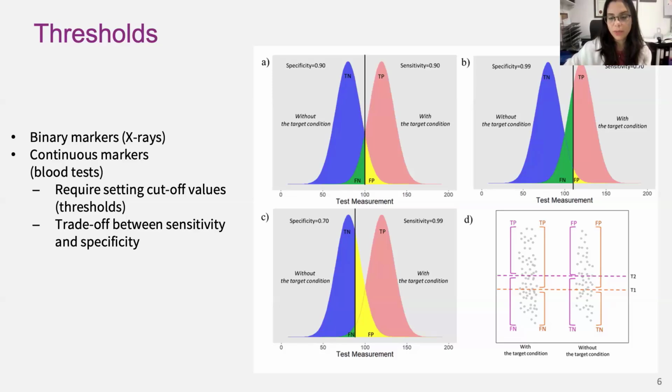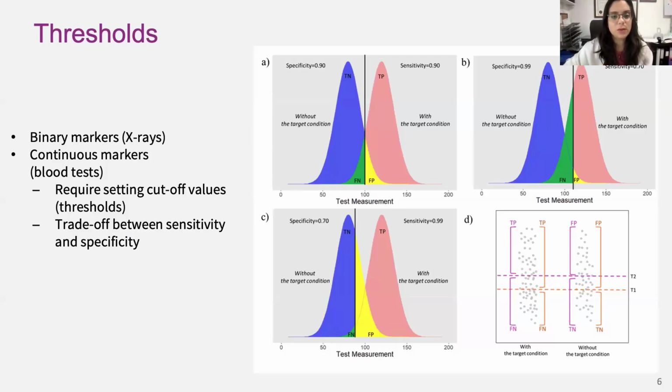Now, in this hypothetical example, we see the distributions of the test results for those without and with the disease on the continuous scale. And moving the threshold from 100 to 110 or 90 and so on, we can see that those green and yellow areas, the false negative rates and the false positive rates, also change.